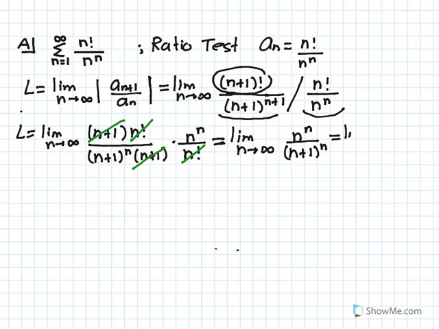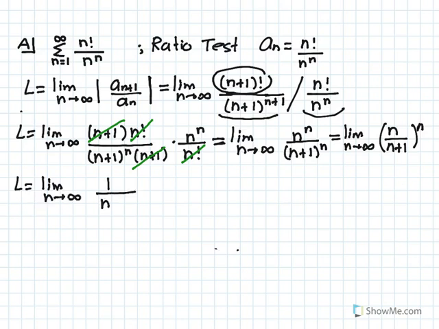This is equal to the limit as n approaches infinity, n divided by n plus 1 to the power of n. Now we're going to rewrite this as the limit as n approaches infinity, 1 divided by n plus 1 divided by n to the power of n.